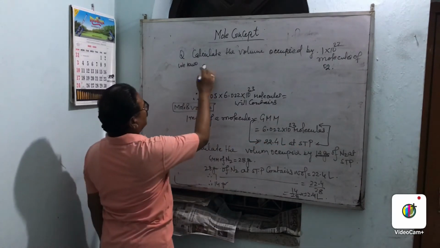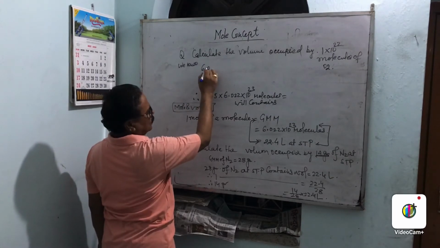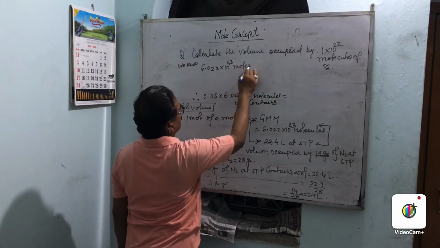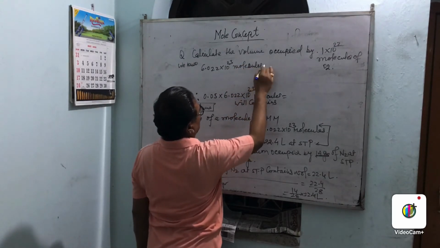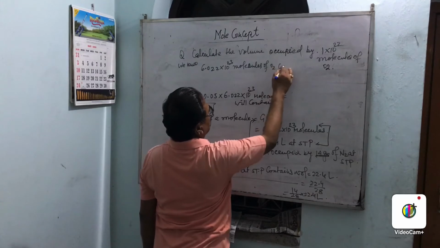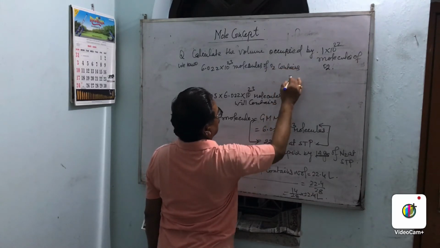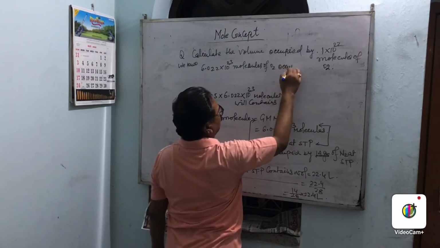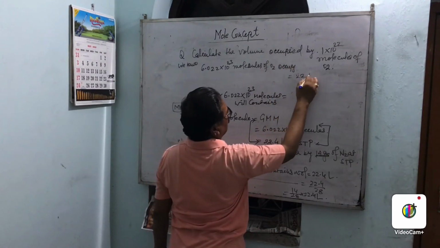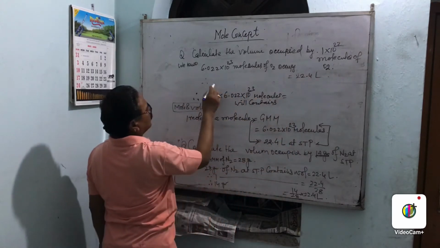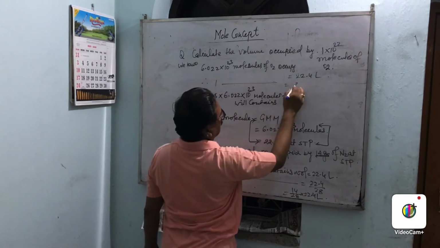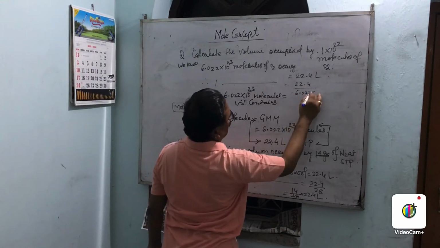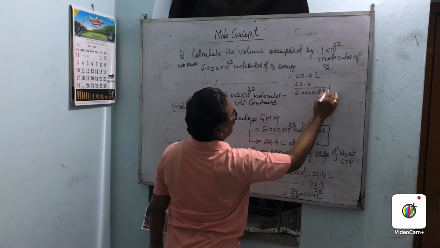So, we know 6.022 into 10 to the power 23 molecules of O2 occupy 22.4 liters. Therefore, one molecule occupies 22.4 divided by 6.022 into 10 to the power 23 liter.